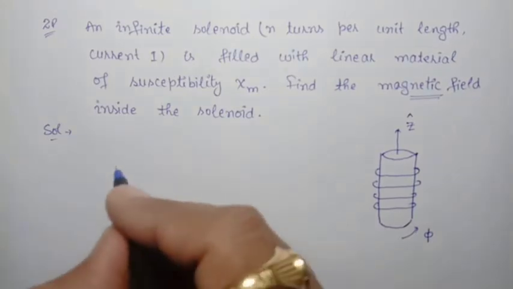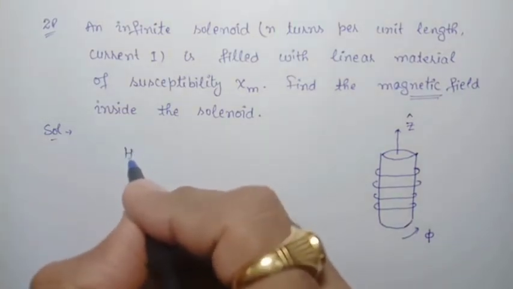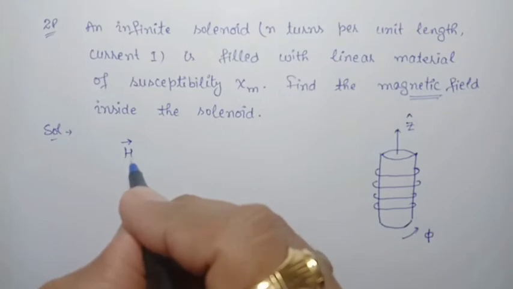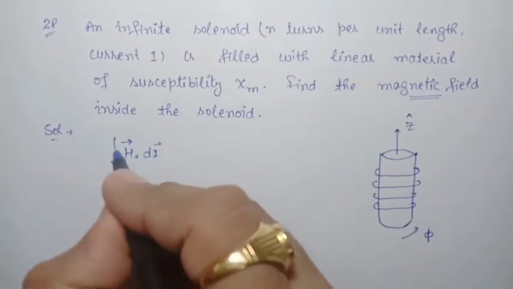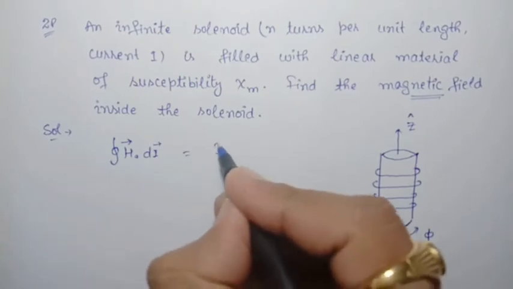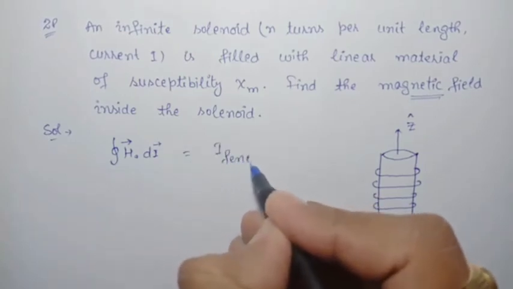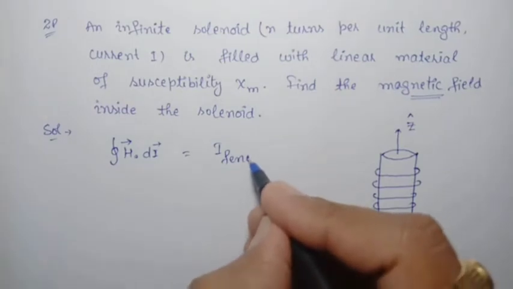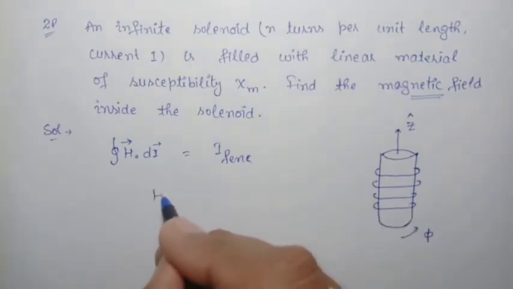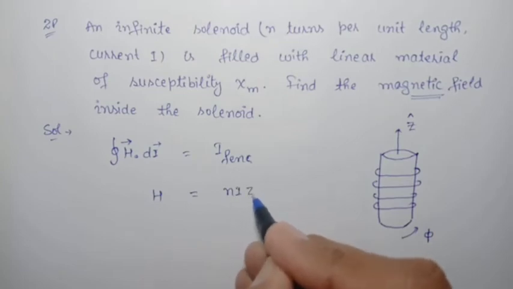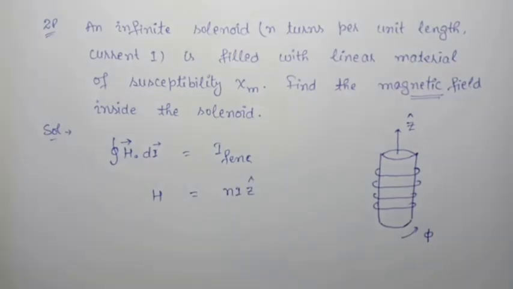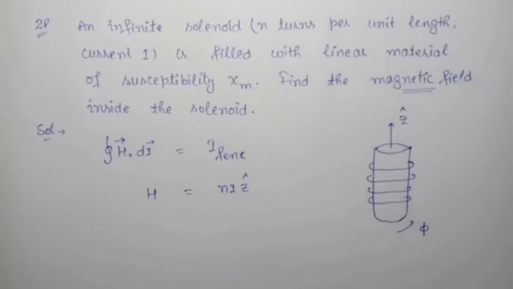So again here we apply Ampere's law for the auxiliary field, that is the line integral of H dot dl is equal to I free enclosed. So here finally H is equal to n I z cap. Here n is the number of turns, I is the current, and z is the direction.